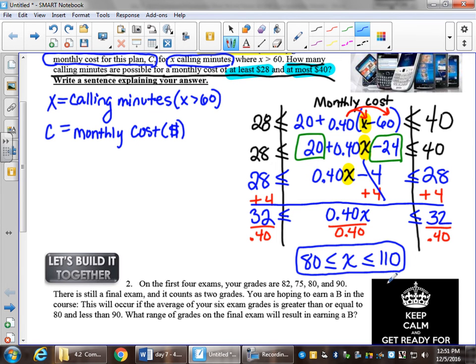If you've been following me from step to step, I would like you to pause here and really walk yourself through each step and use your calculators to do each step on your own. For example, pause here and prove to yourself that 32 divided by 0.40 is 80.